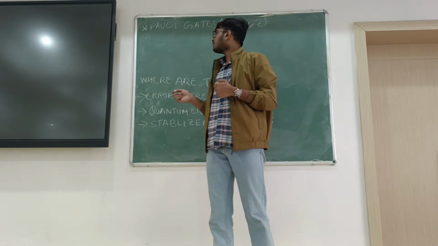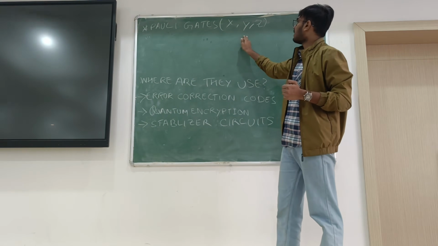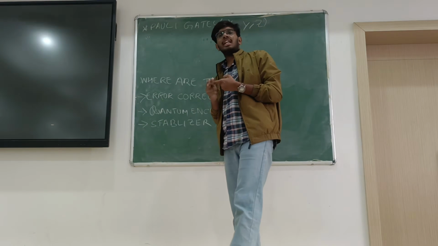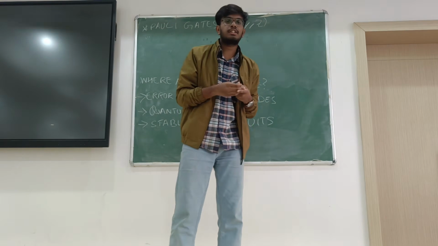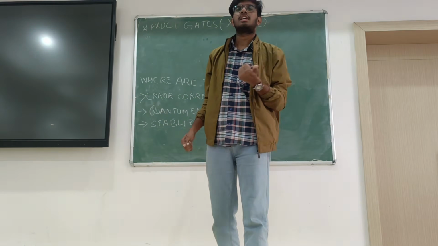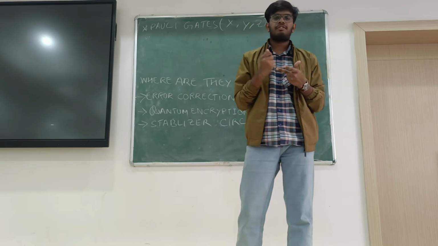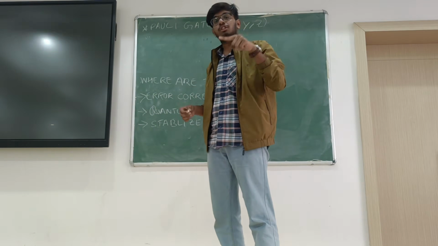Now, secondly, we are going to talk about Pauli gates, which combine X, Y and Z. The Pauli gates in quantum are representative of rotation of these qubits. They give you Bloch sphere rotations, axis rotations and phase of the sphere. Now we are going to talk about each of them.